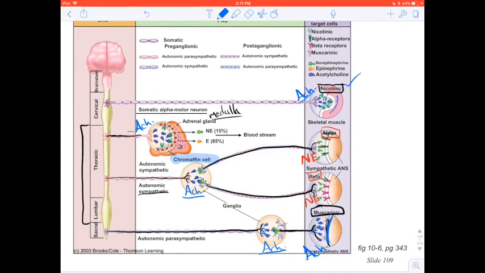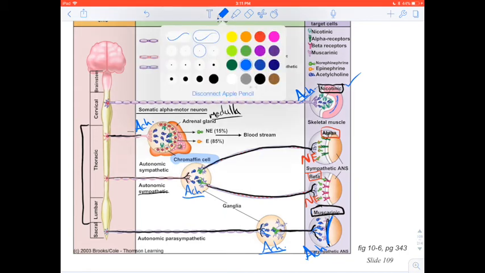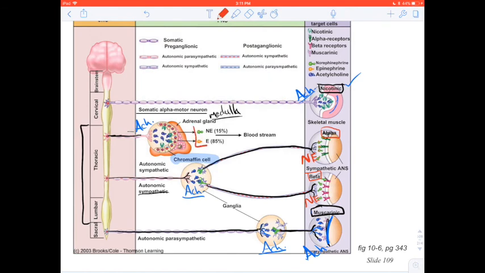Those chromaffin cells, in turn, will release norepinephrine and epinephrine into the bloodstream. And now we get this global response, what you call an adrenaline rush. We get release of adrenaline into our system, and now it's free to affect any organ that gets blood supply.